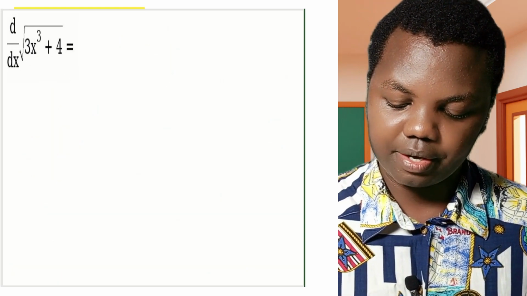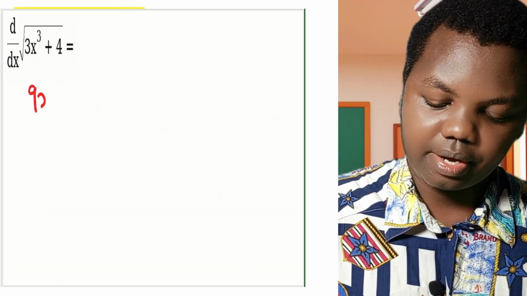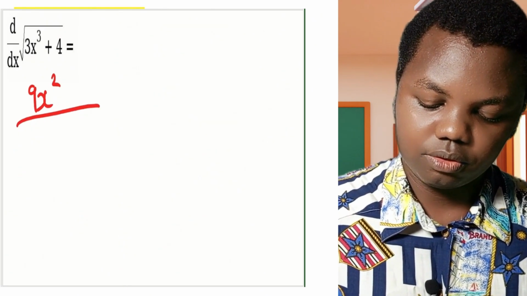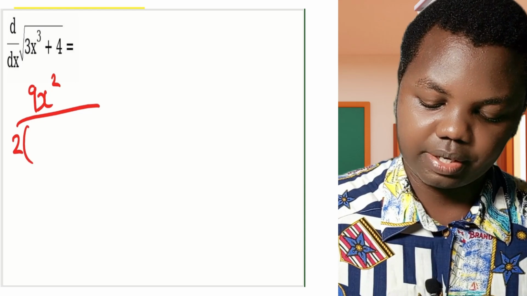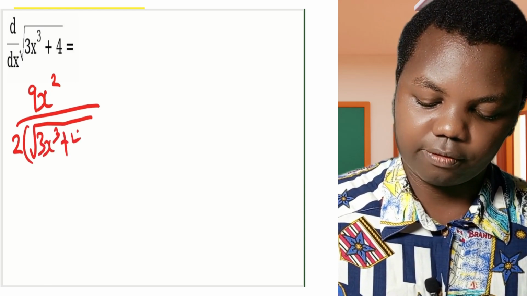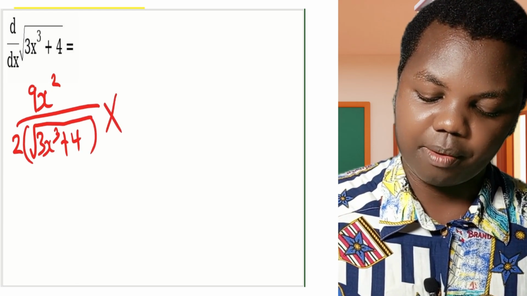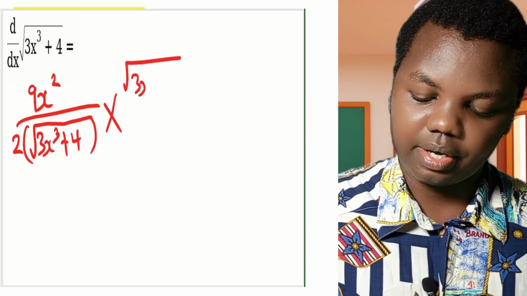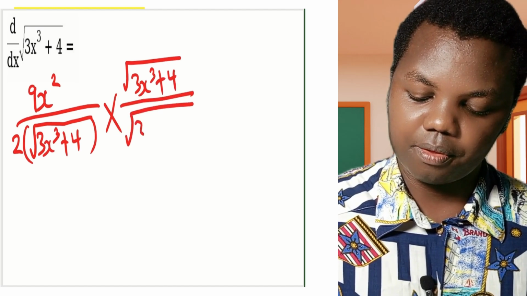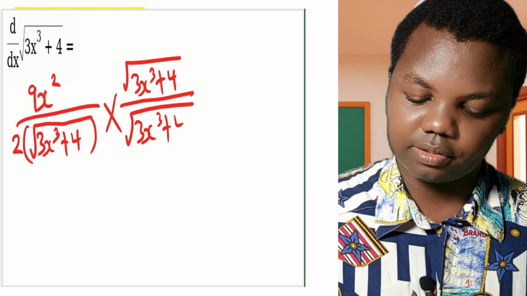So this will give me 9x squared over 2 into brackets 3x cubed plus 4, multiplied by root 3x cubed plus 4 over root 3x cubed plus 4.